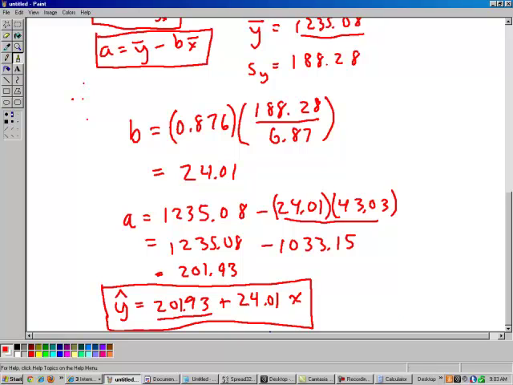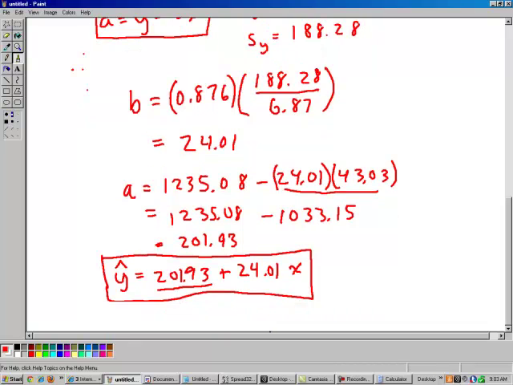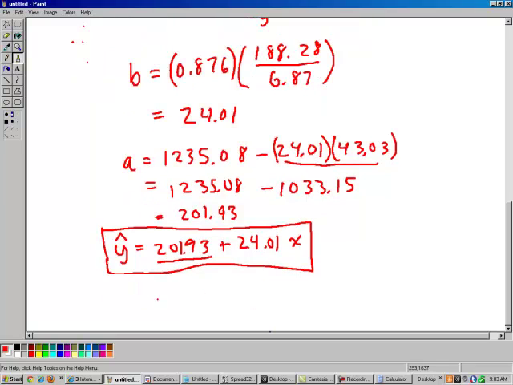Well, slope is always rise over run. It means for every unit of x, y goes up by whatever the slope is. And so in this case, x is the weight.